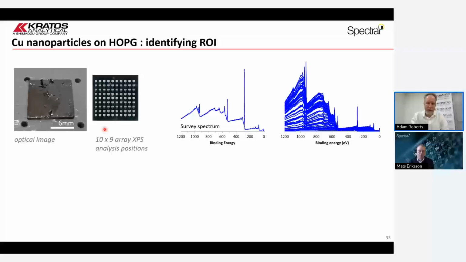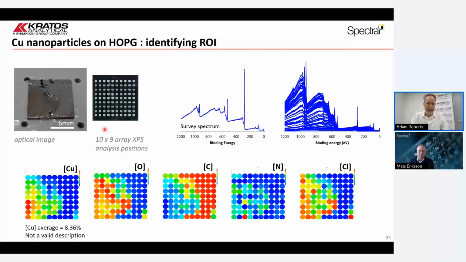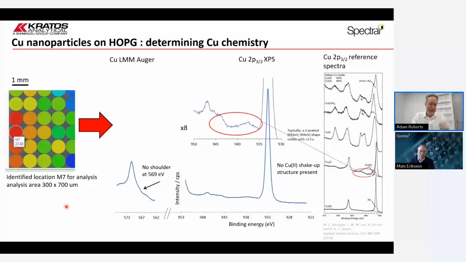If we plot that in a color scale, we can see that, perhaps not unexpectedly, the copper nanoparticles were not uniformly distributed over that macro area. That's quite important, as it allowed me to identify a particular area of interest to go and look at with my XPS.